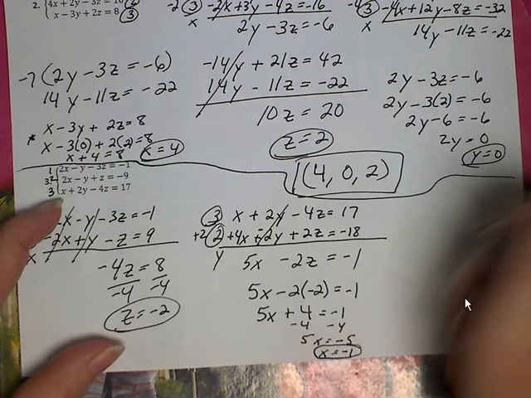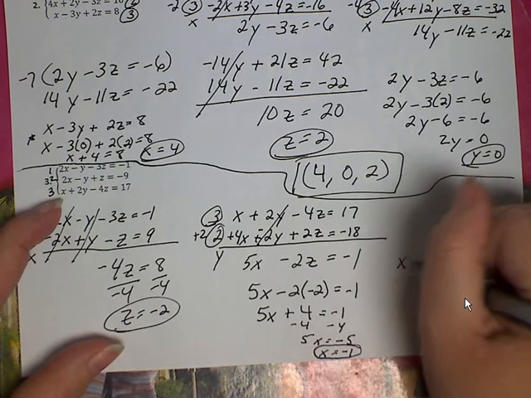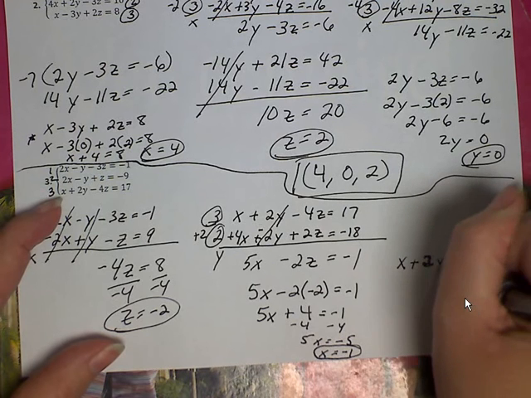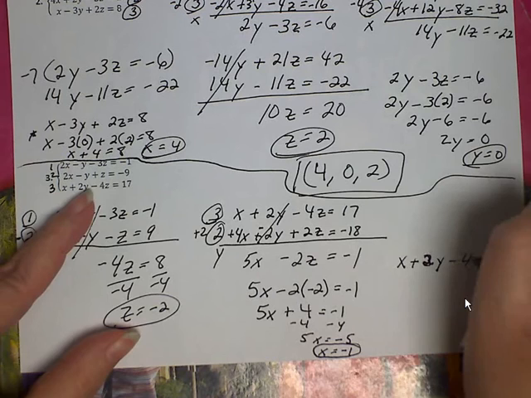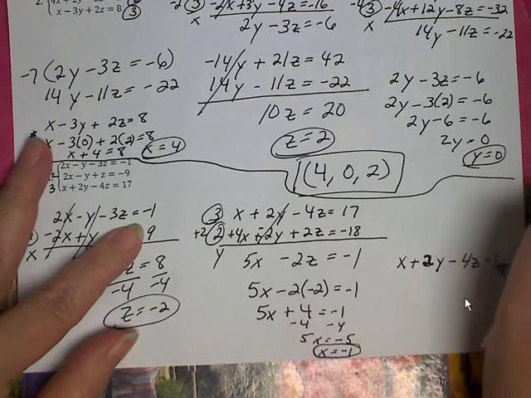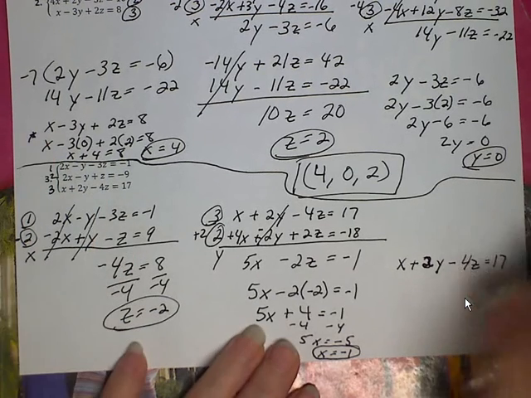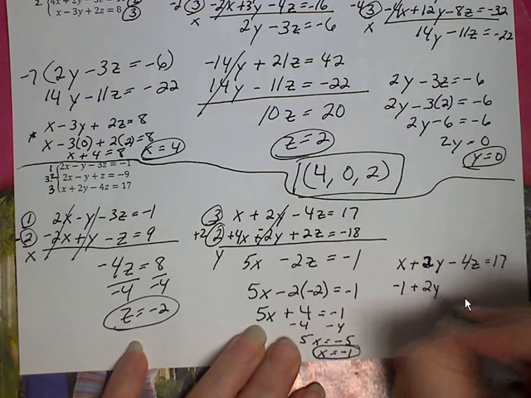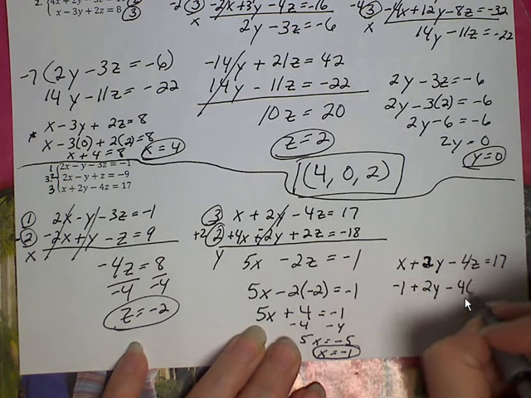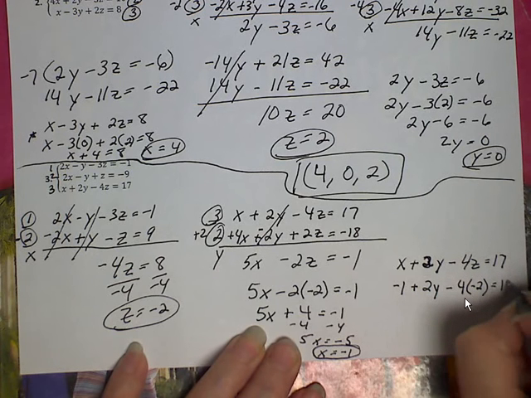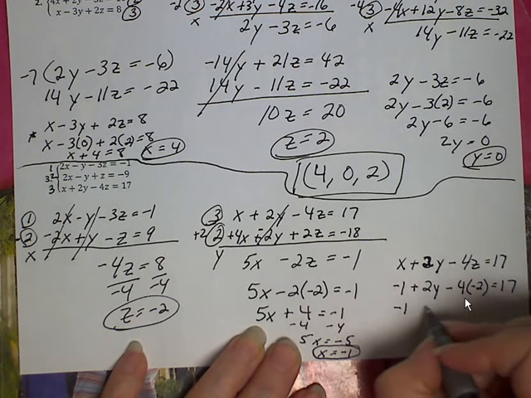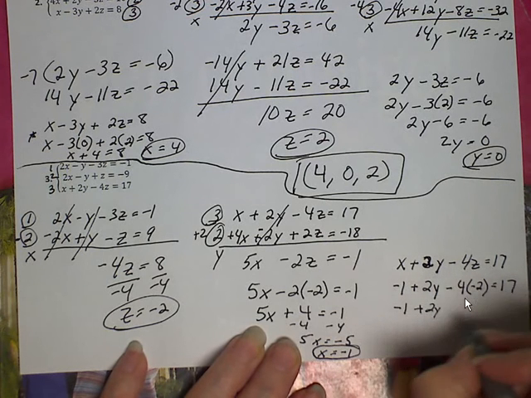So I have x, I have z, I need one of these to solve for y. So I'm going to just do the bottom, x plus 2y minus 4z is equal to 17. So I have negative 1 plus 2y minus 4 times negative 2 is equal to 17. Negative 1 plus 2y, negative negative is positive 8 equals 17.